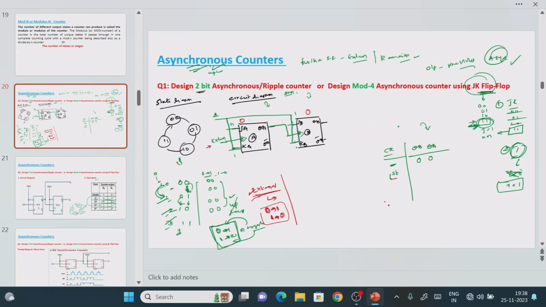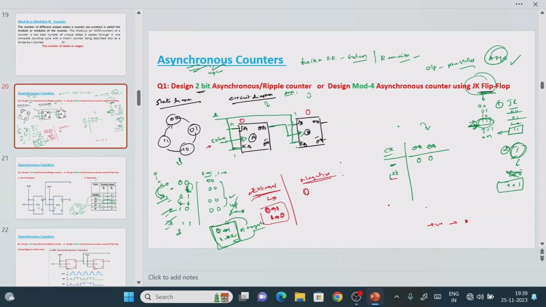Again, for the second flip-flop, this is the clock pulse. Which clock pulse is it, positive edge or negative edge? If you have a bubble followed by the edge, it is called a negative edge clock pulse. Positive means 1, negative means we can consider as 0.